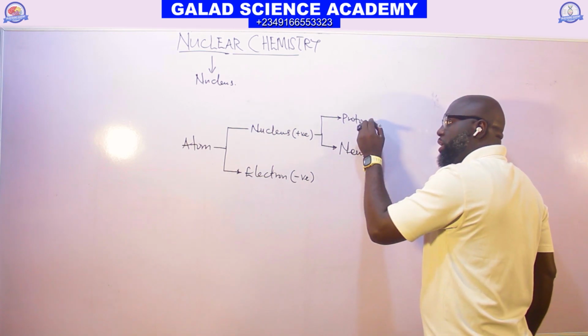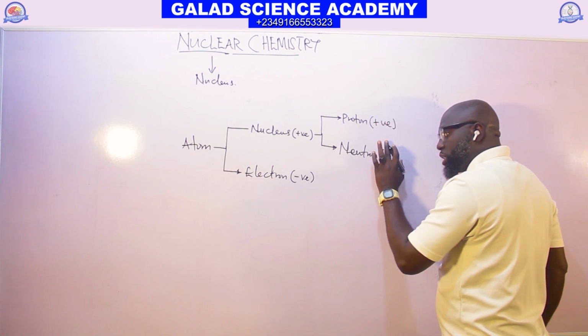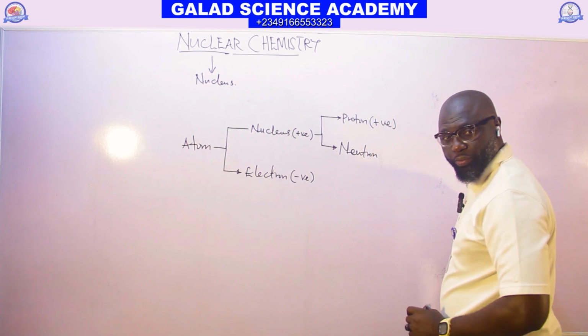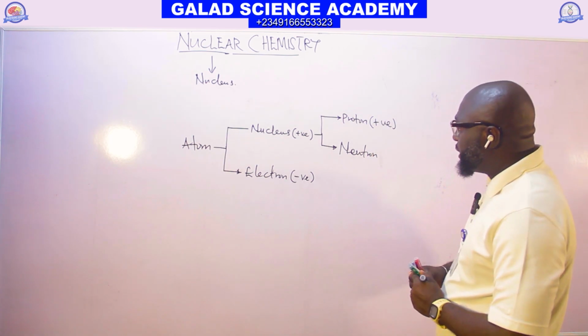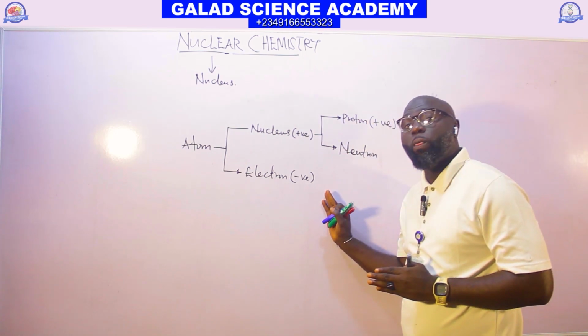So proton is also a positive charge, and neutron has no charge. It's neutral. So these are the three basic atomic particles or components.